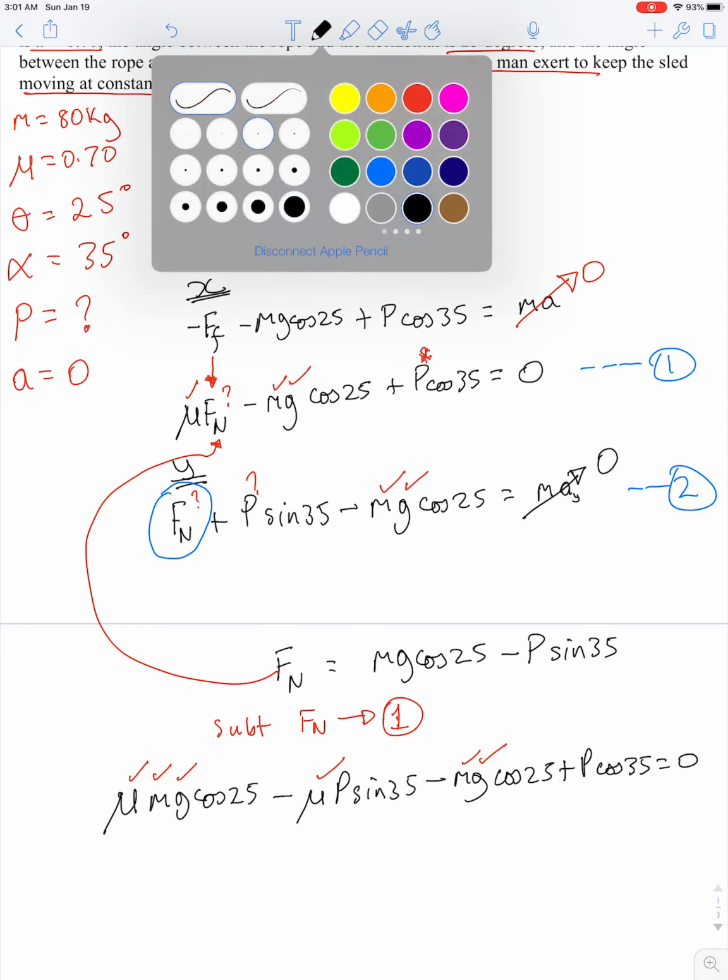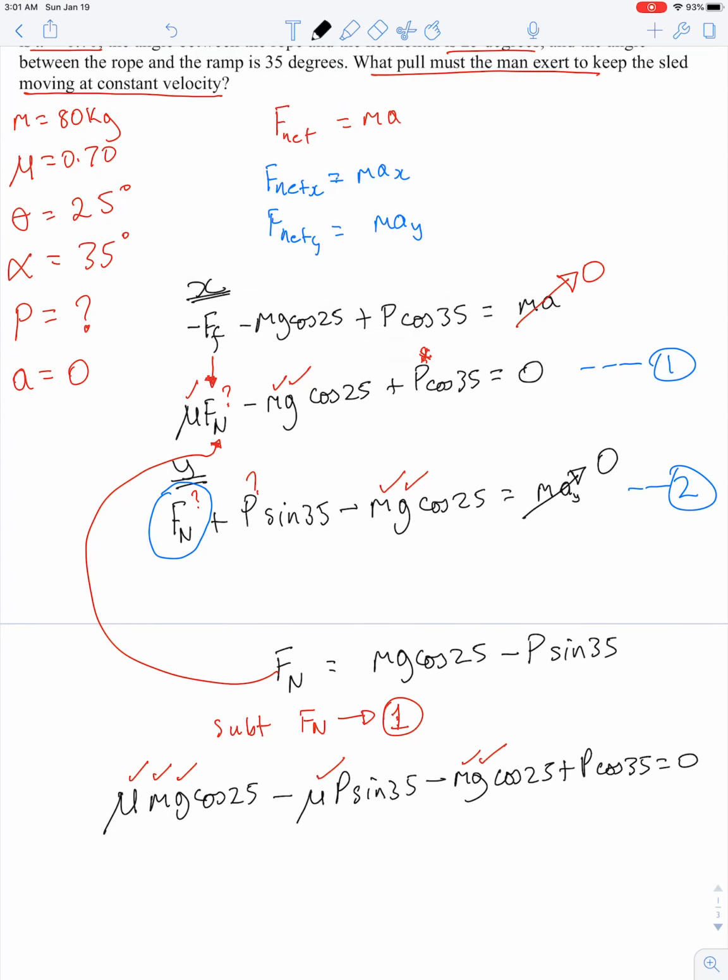But for explanatory reasons, I will rearrange. Hopefully my math doesn't fail me. So you'll have P cosine 35 minus mu P sine 35 is equal to mg cosine 25 minus mu mg cosine 25. Did I make a mistake? No, I'm good.